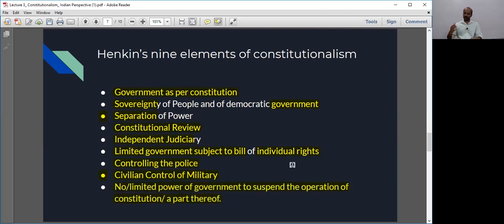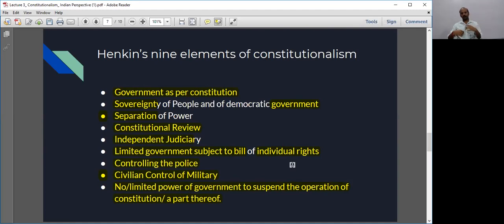Okay, so what it essentially means is that no government should be able to suspend the constitution itself. Right? So governments are drawing their authority from the constitution. And as they draw the power, there are chances where governments can easily change the constitution.